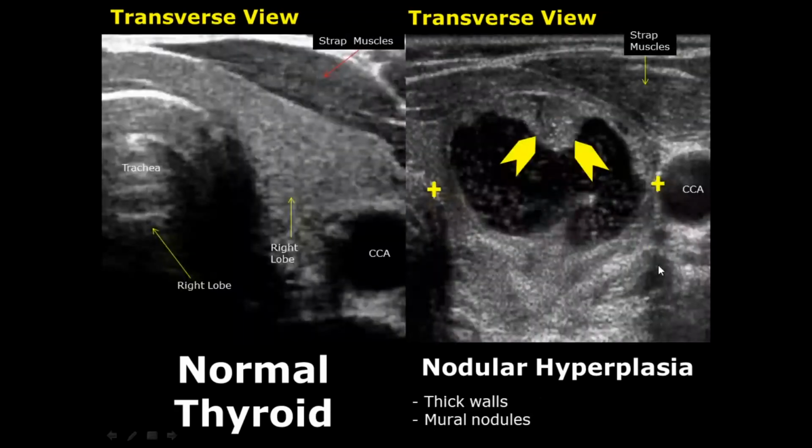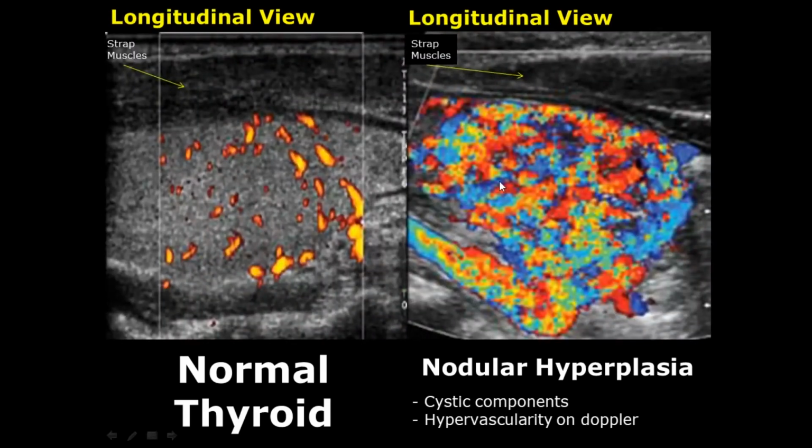They can also have thick walls or masses attached to the wall of the nodule. These are called mural nodules. Here is an image showing hypervascularity on color Doppler. Another feature of nodular hyperplasia.